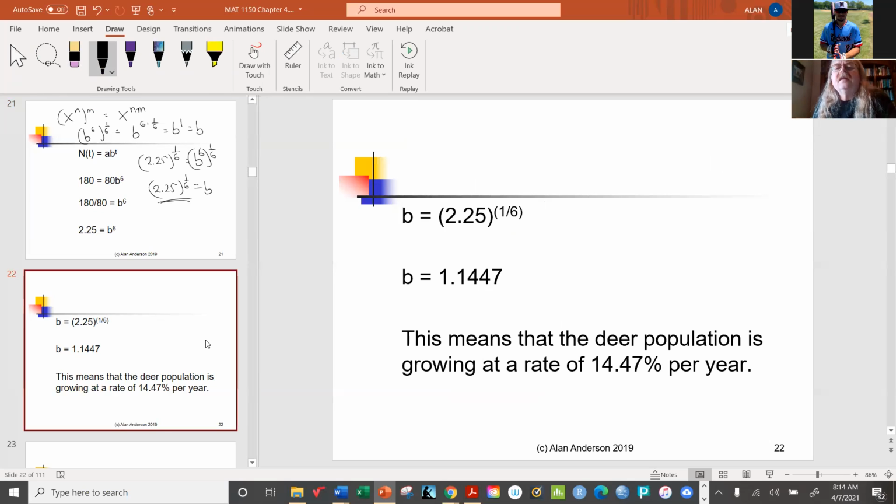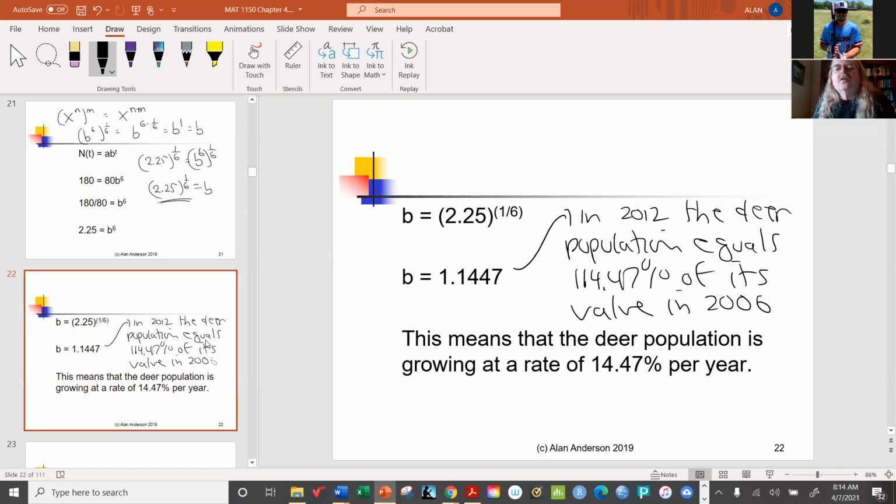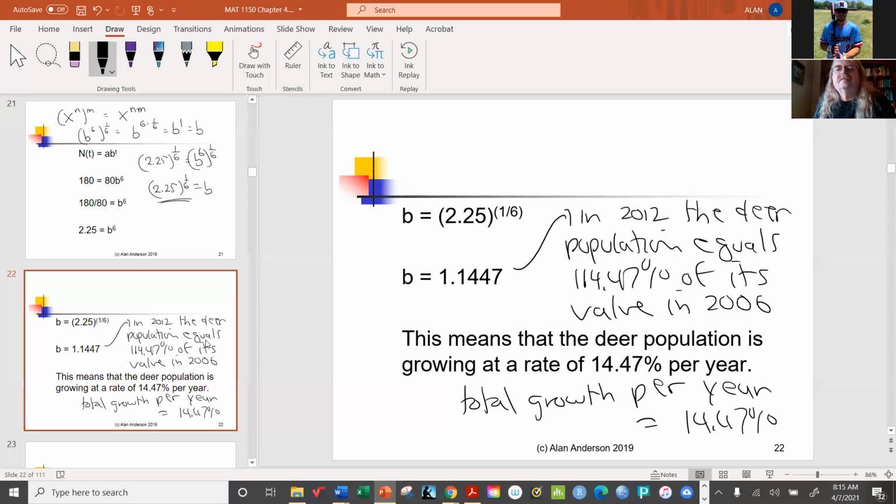So basically the way to interpret that is that in 2012, the deer population equals 114.47% of its value in 2006, which implies the growth rate, the total growth per year equals 14.47%. So in other words, they're growing pretty fast.